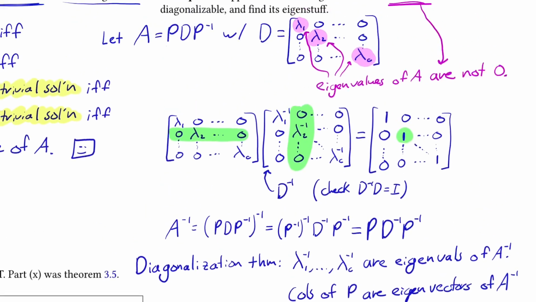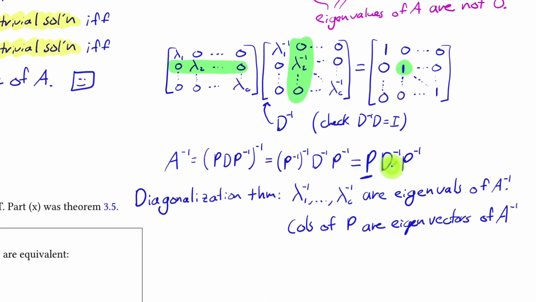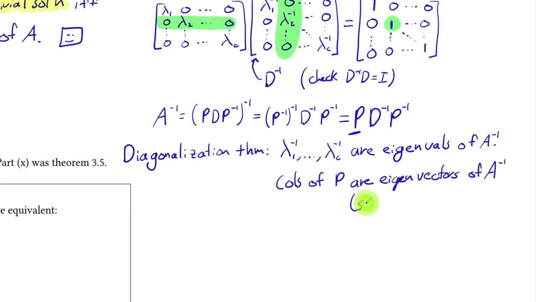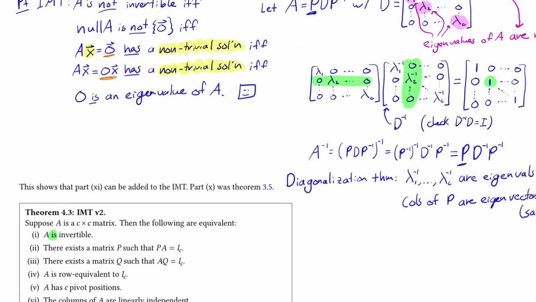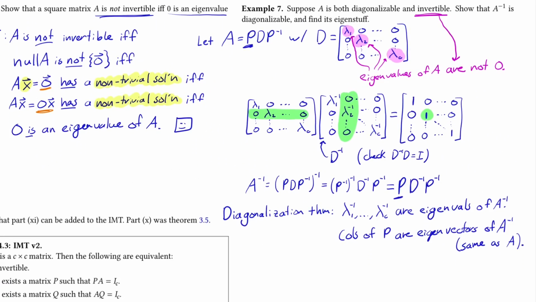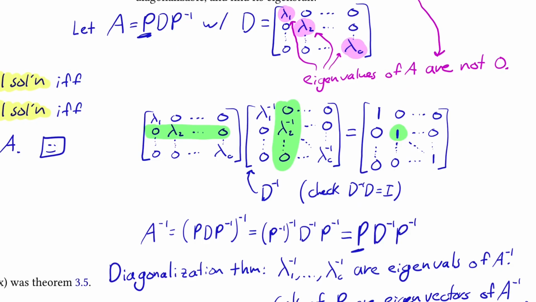And the columns of P, by the way, are also the eigenvectors of A, because both A and A inverse can be written as P times a diagonal matrix times P inverse. So using the diagonalization theorem and this thing we proved in example 6, we can see that the eigenvectors of A inverse are the same vectors as for A, and the eigenvalues of A inverse are just the reciprocals, the regular multiplicative number inverses, of the eigenvalues of A.